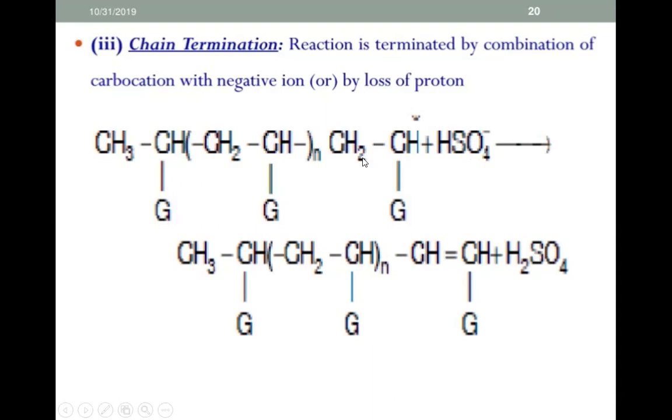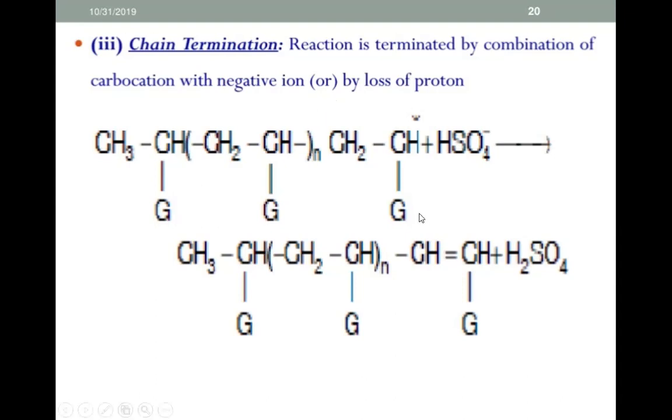That means it removes the hydrogen from the beta carbon atom and forms H2SO4, which is called sulfuric acid. After the removal of the hydrogen from this carbon atom, the bond which is left over will migrate to this bond and form a double bond. In this way, the chain gets terminated in the cationic polymerization.